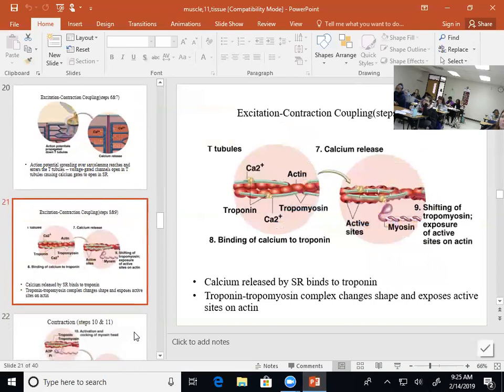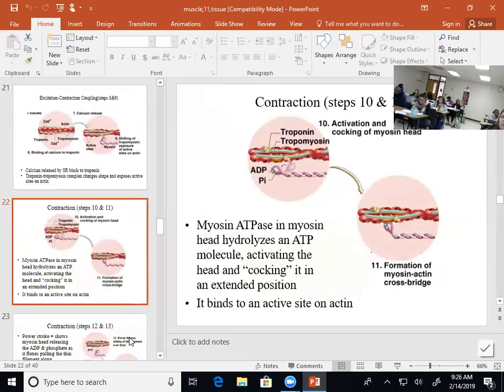When the calcium does that, it's going to cause troponin and tropomyosin to move away from these little binding sites that are now open on actin, so cross bridges with the myosin can form. It's going to bring those filaments together. And that's a contraction happening.